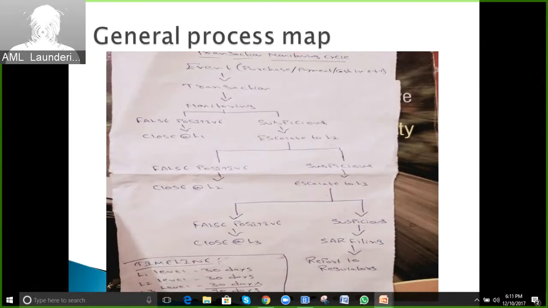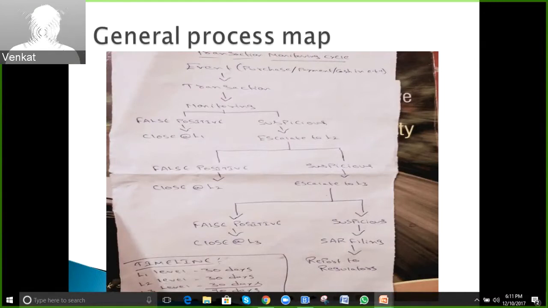When we talk about SAR, it is a huge topic where a lot of criteria come into the picture. Just for your information, every bank has its own way of handling things, and though it is a potential risk, they still may not go ahead and file a SAR.